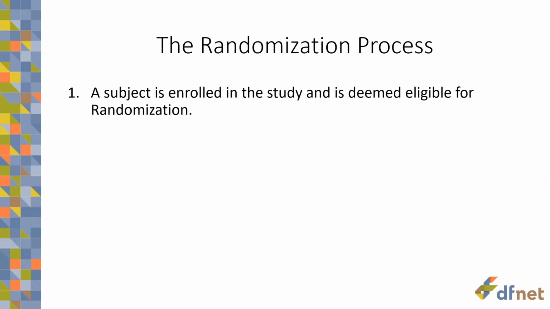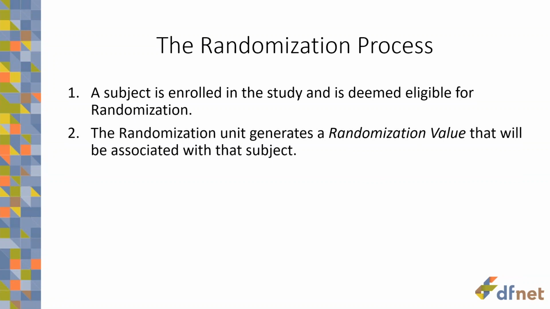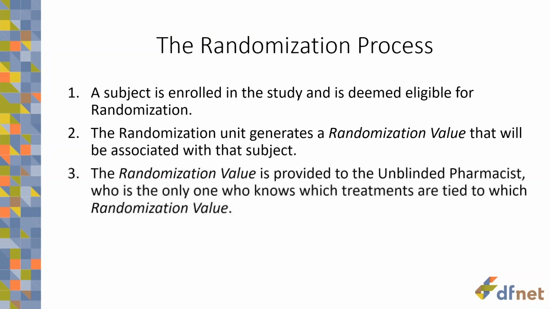So the randomization process initiates with a subject who enrolls in a study and is deemed eligible for randomization. The randomization unit then generates a randomization value, which is going to now be associated with that subject, very similar to the way a subject ID is assigned to a subject. This will be the value that is associated with the treatment that the subject gets.